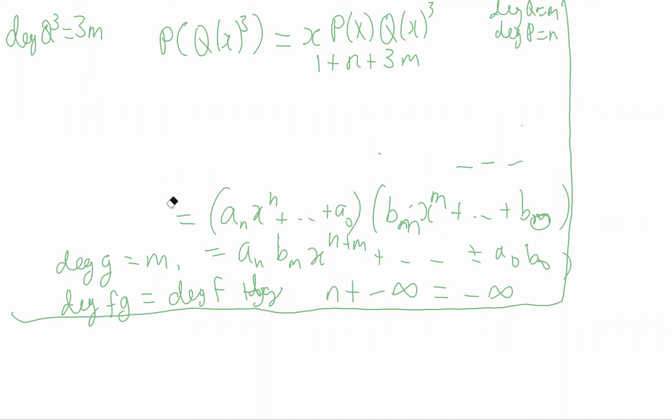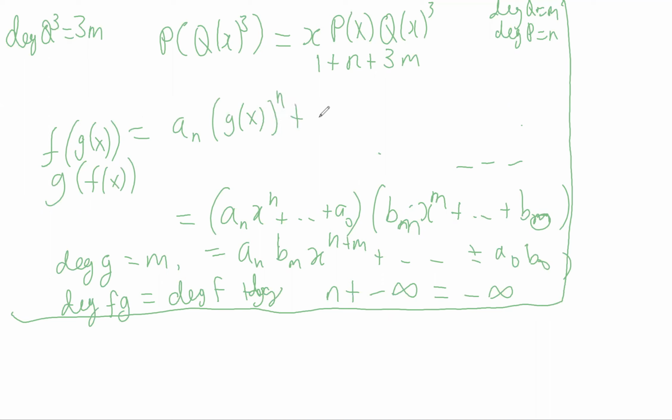So if you do compositions, f composed with g, g composed with f, you have a_n times g of x to the n, plus and so on.